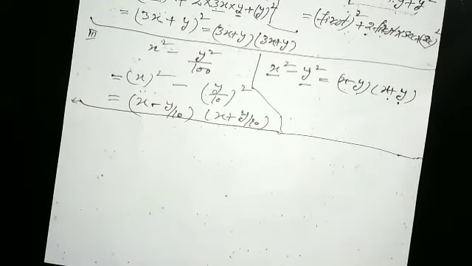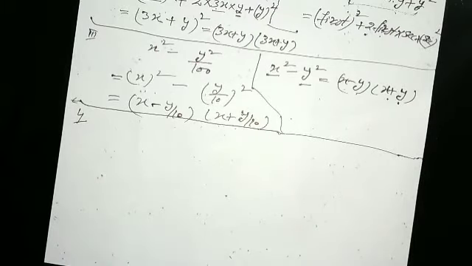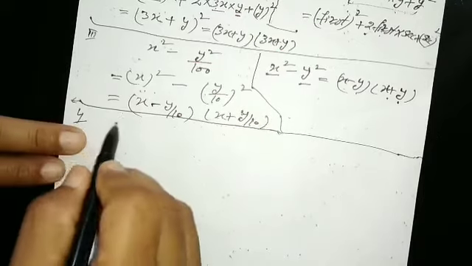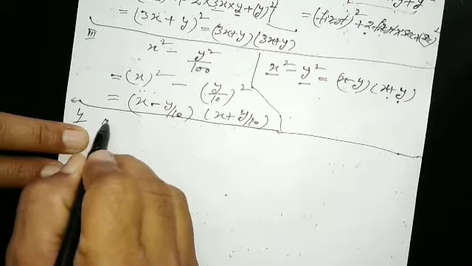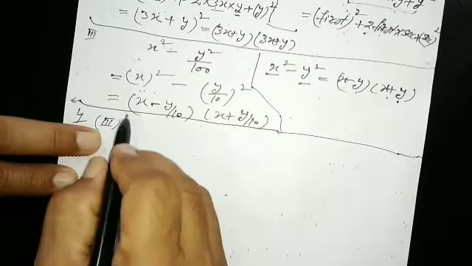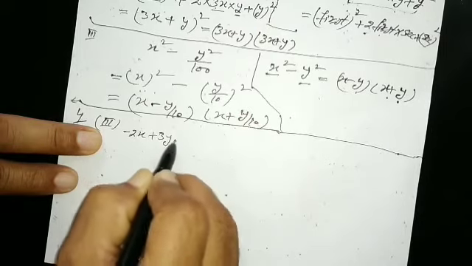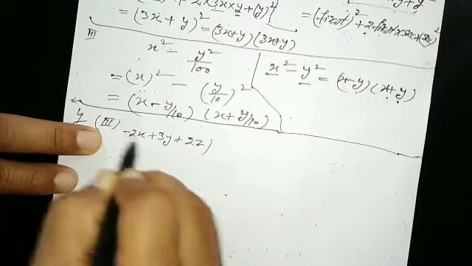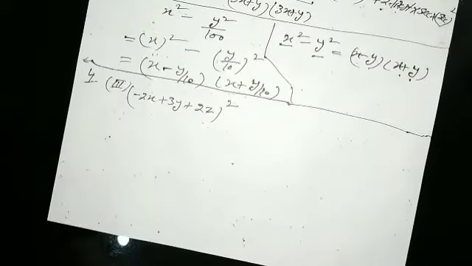Okay, now come to question number 4. Expand each of the following using suitable identities. I will take the third part of this question, that is (2x plus 3y minus 2z) whole square, right?